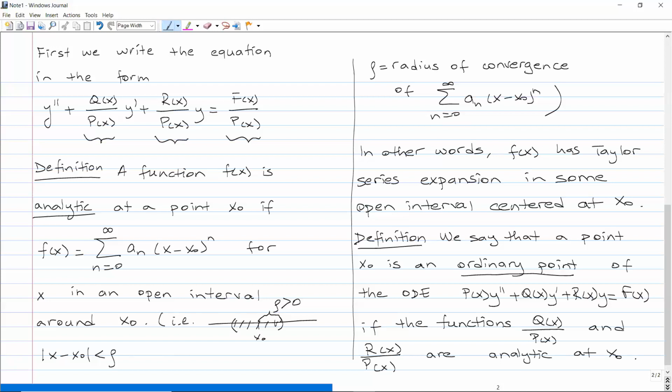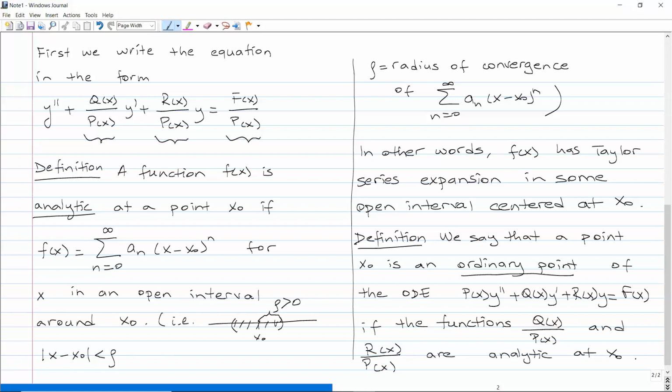Assuming that the functions are analytic is much more than the assumption of the existence uniqueness theorem, because the existence uniqueness theorem just says continuity of the functions and also of the function on the other side of the equation. So to be an ordinary point is much more than saying that the conditions of the existence uniqueness theorem are satisfied.